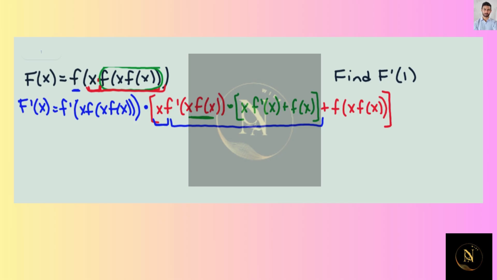Now we're plugging in 1, and we have some values we were given. So f prime of 1 is, now here's where we pay very close attention to detail.